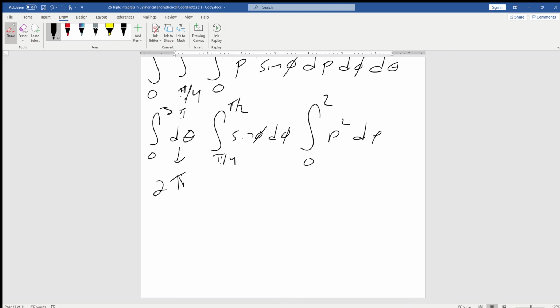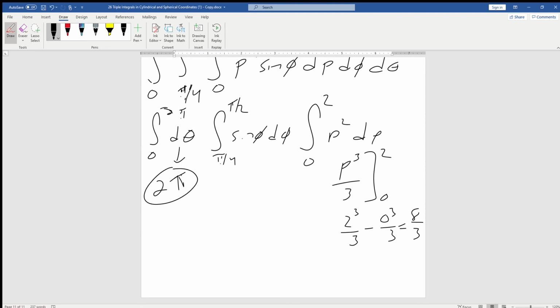That's just 2 pi. Over here, rho cubed over 3 from 0 to 2. That just becomes 8/3, because we get 2 cubed over 3 minus 0 cubed over 3, which is 8/3. We're going to hold on to those because we're going to have to multiply by them at some point.